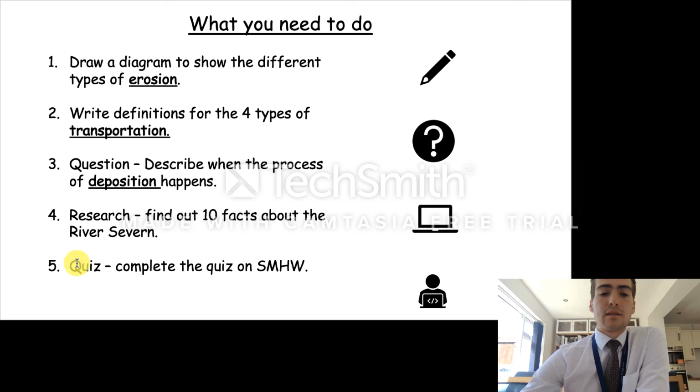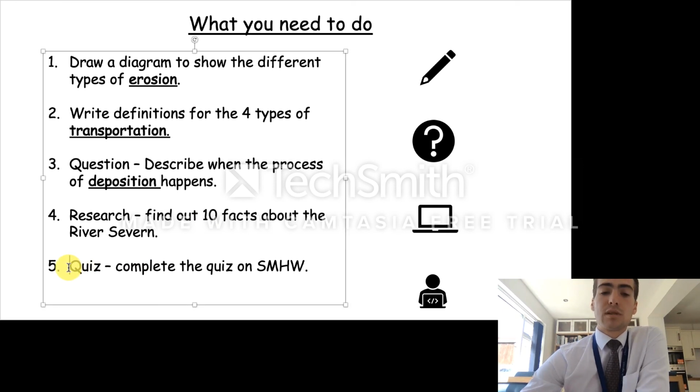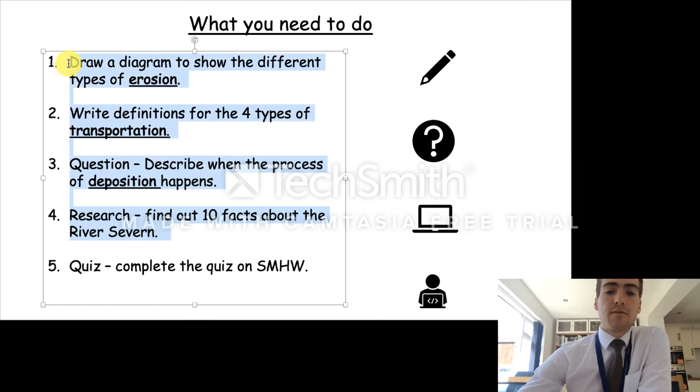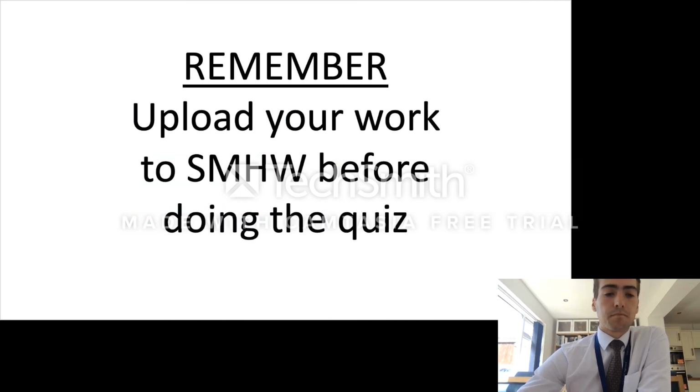The quiz is more of a check for me to see if you understand what you've done and if you've done it correctly. Because if you've done it correctly, you should be getting 100% on the first attempt. Whereas what I'm seeing is people doing it without doing any of the lesson, and then they get 80% after 3 attempts. So please complete the 4 tasks first and then do the quiz. Okay?